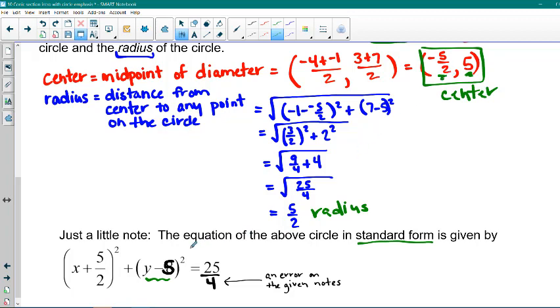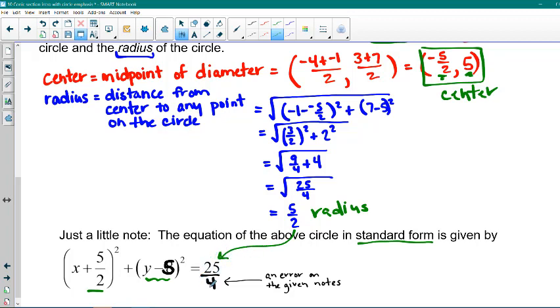-5/2 is the x portion of our center. +5/2 is contained in x plus 5/2 quantity squared. So in each case, it's the opposite sign that we had back here. And then, it's a bit coincidental and perhaps unfortunate that we had 5/2 as a radius, but where that appears is here.